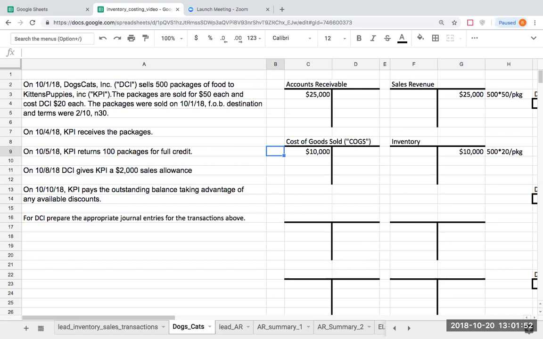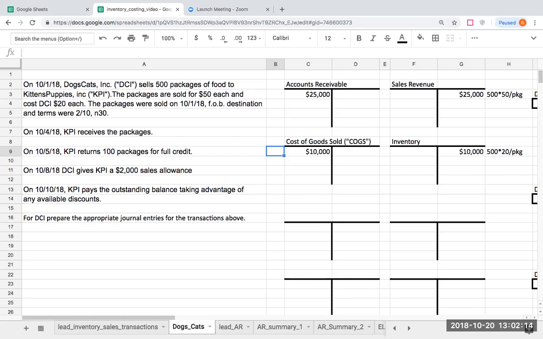What is cost of goods sold? Cost of goods sold, for a retailer, is what the merchandise that we sold actually cost the company.